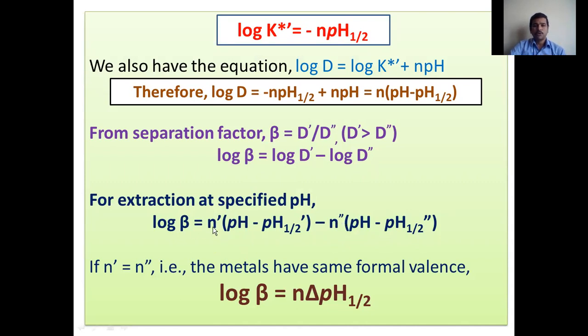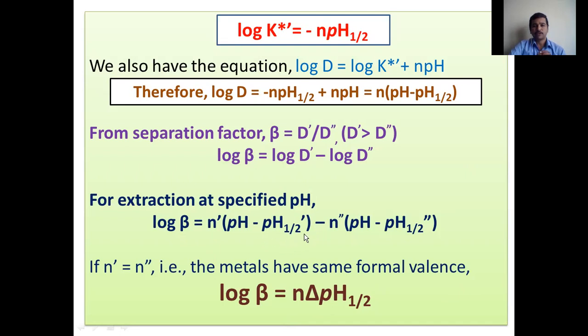All right. You assume n dash will be equal to n double dash. If you assume the valency of both the metals is the same, that is, the metals have the same formal valency, then what do you get? Log beta is equal to n into delta pH. Let us write pH minus pH of dash is equal to delta pH.